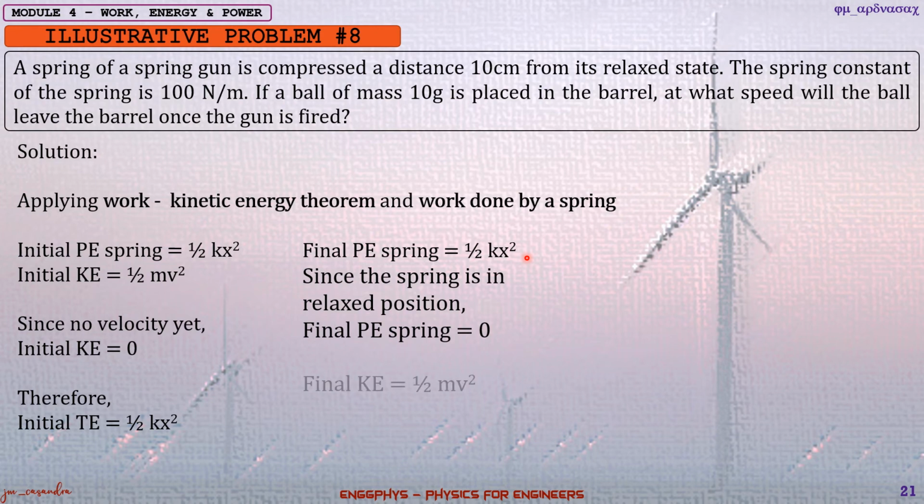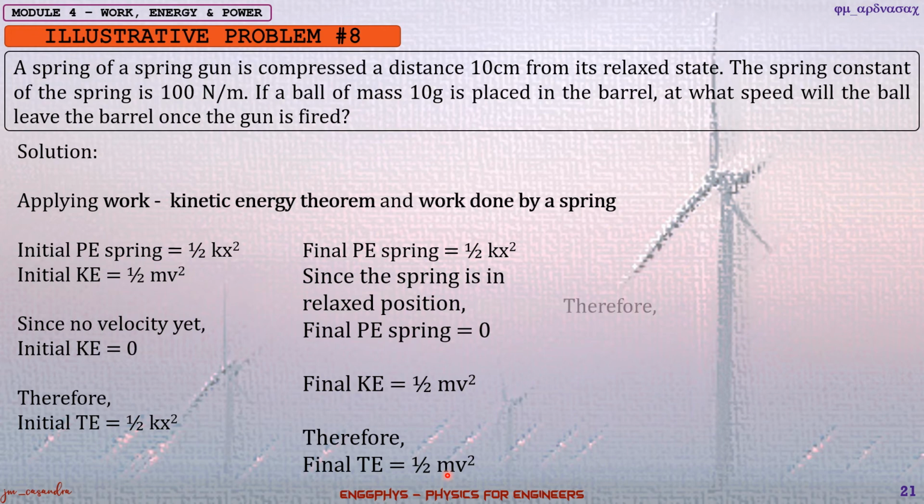And for our final kinetic energy, which is 1/2 mv squared, we'll have the value of the object once it was fired. So applying again our mechanical energy, potential plus kinetic, since potential is 0, our final total energy is equal to 1/2 mv squared.